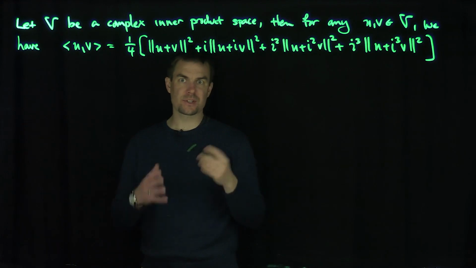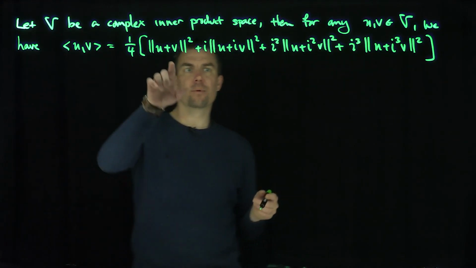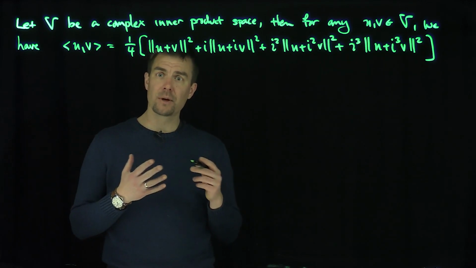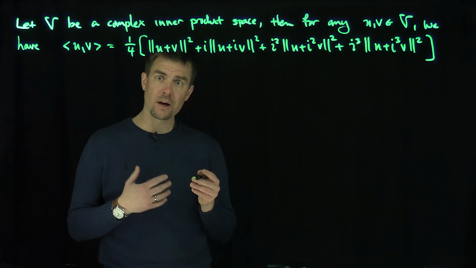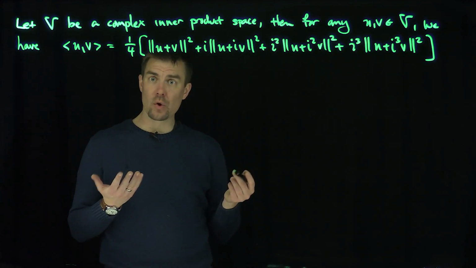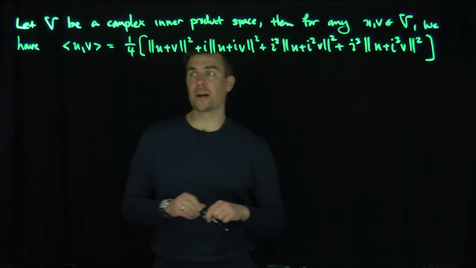We can see there's a symmetric pattern to it. I could have put an i to the power of 0 on this V, and I would have had the sum, j goes from 0 up to 3, of the norm squared of U plus i to the power j V. So this is the polarization identity.